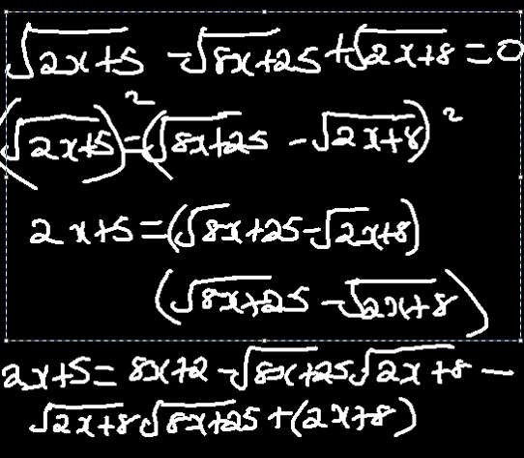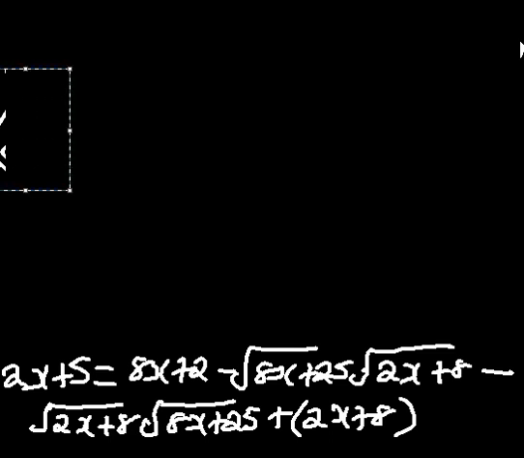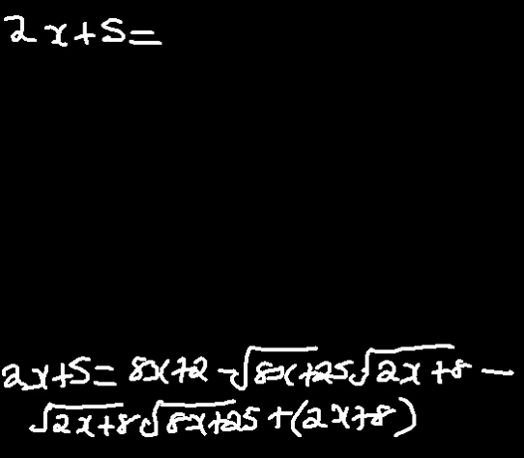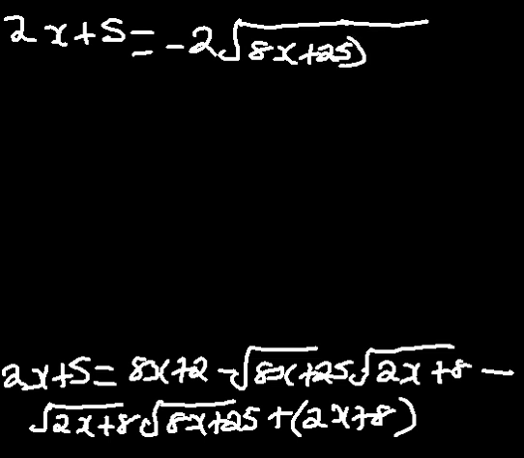Then what comes next? We collect the terms together where necessary. So we have 2x plus 5 equal to, now these are like terms, so we add them. We have negative 2 times the square root of 8x plus 25 times 2x plus 8, in the same square root, because although they are different terms, they have the same radical.